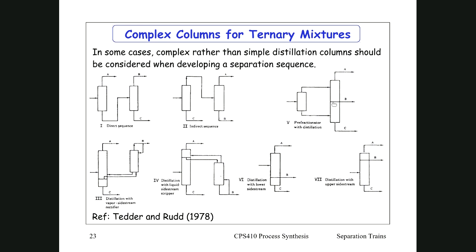In other words, you put in the feed, this part of the column is the left-hand side of the separator. And then these 2 things come out at the top of the separator, and then you can get B being separated from A on this side of the septum, and C will be separated from B on that side of the septum.